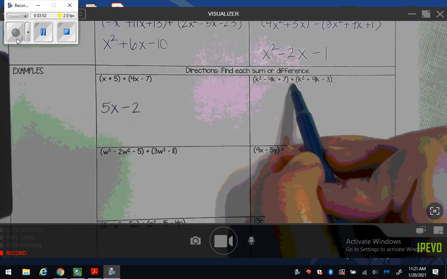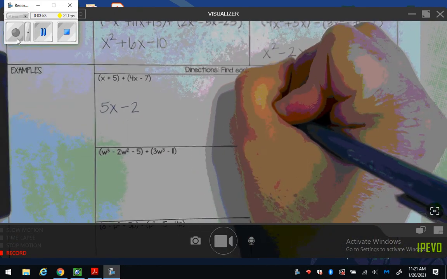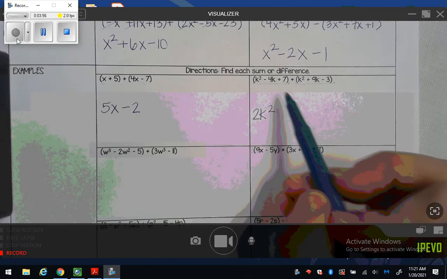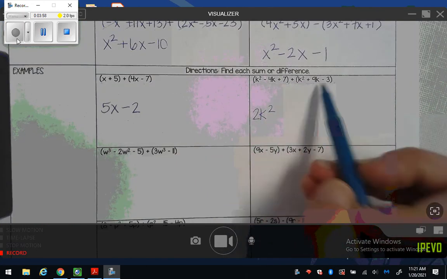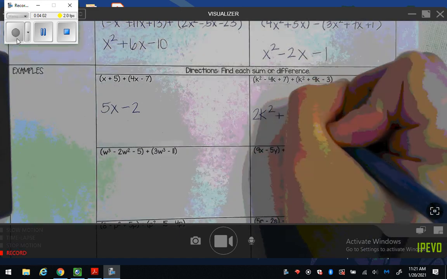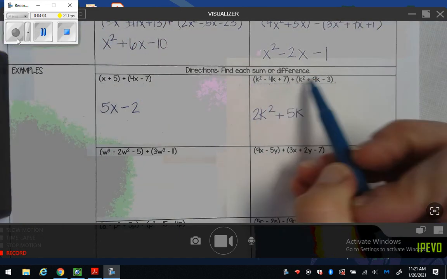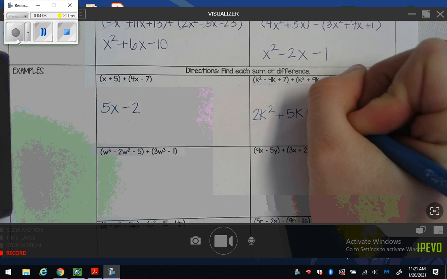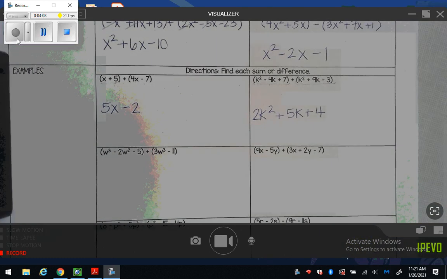K squared plus k squared is 2k squared. Negative 4k plus 9k, so negative 4 plus 9 is 5k. And then 7 plus negative 3 is 4. Okay? I want you to try these next 4 examples and then come back and check your answers.